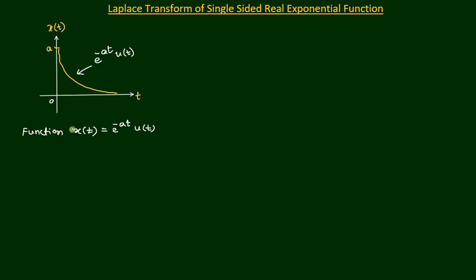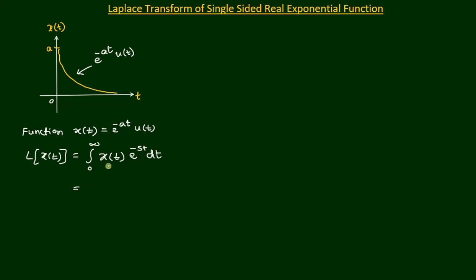The function of this signal we can write as x(t) = e^(-at) u(t). Now we'll try to find the Laplace transform of this x(t). The Laplace transform of x(t) equals the integral over 0 to infinity of x(t) e^(-st) dt.